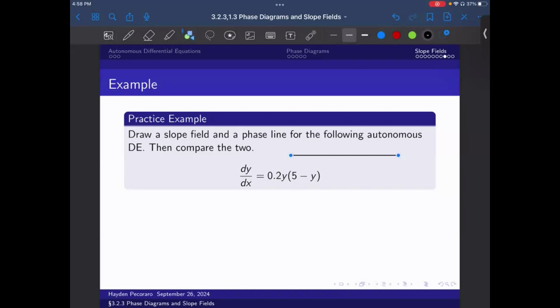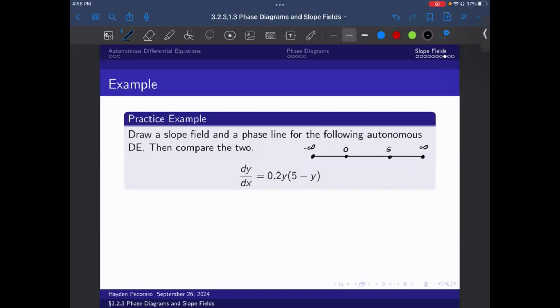I'll do it up here. Or, yeah, let's do it up here. Our phase line has our standard minus infinity, plus infinity, and then our two roots are going to be 5 and 0. All right.